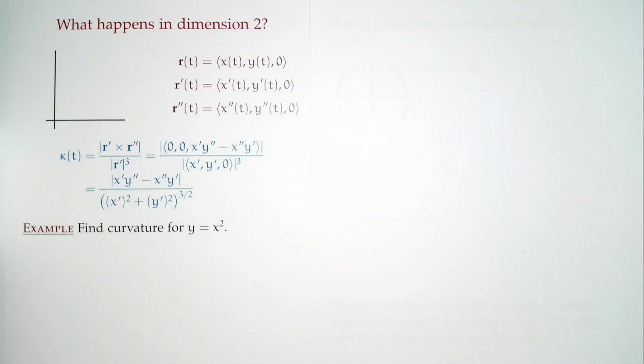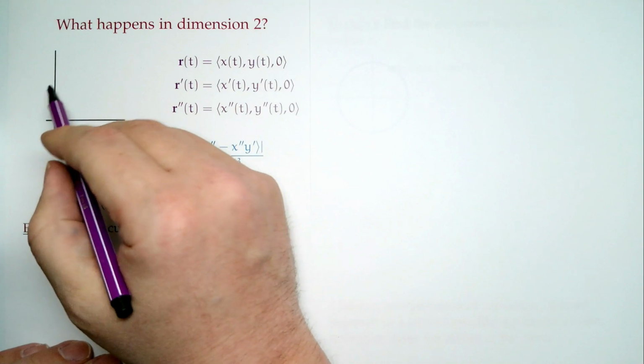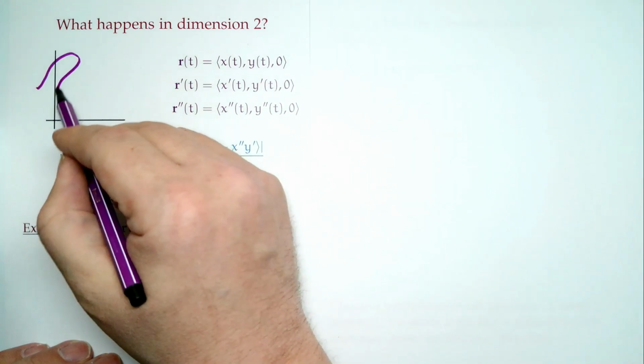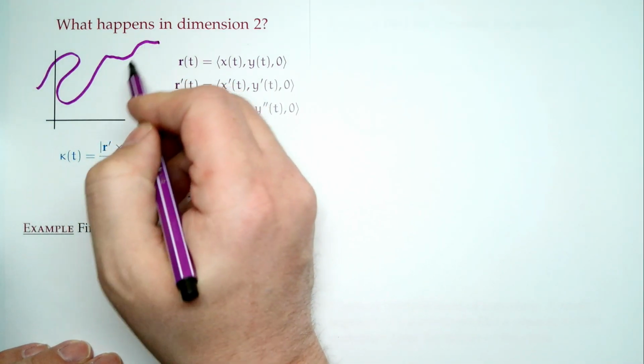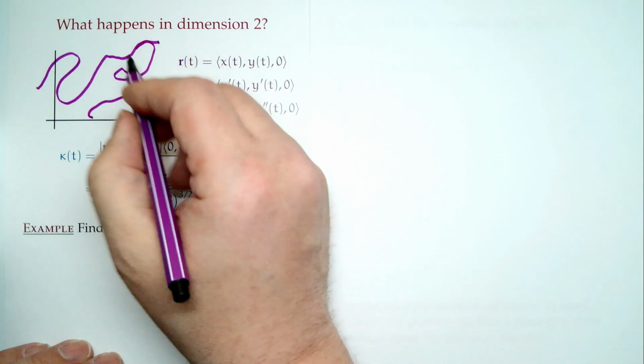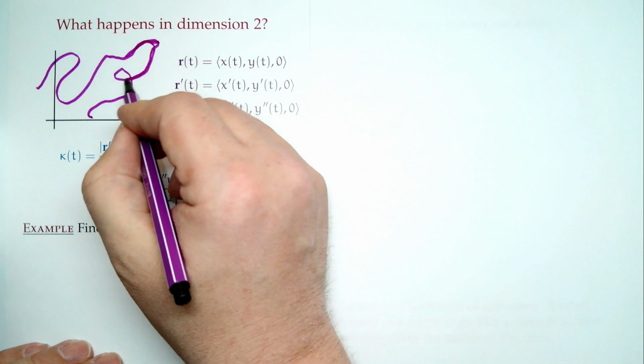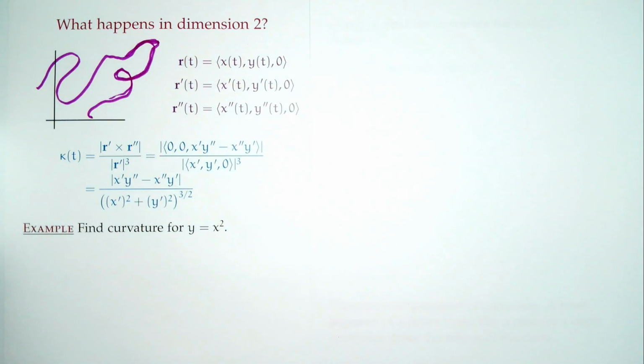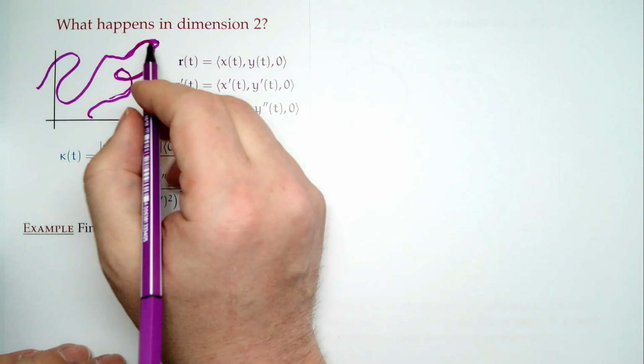Now, in that case, if I'm in dimension 2, I have some sort of curve. And it's a parameterized curve. It doesn't have to be a function. So I can have something doing some sort of crazy loop-de-loops. So this could be possibly what the shape is. Now, what do I have? I have a parameterized curve.